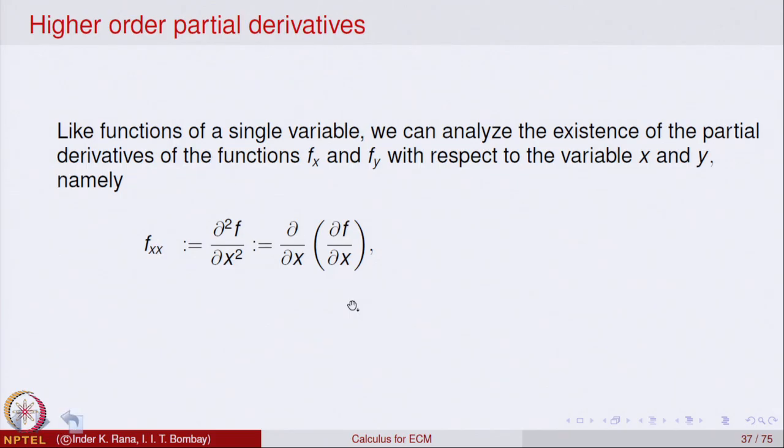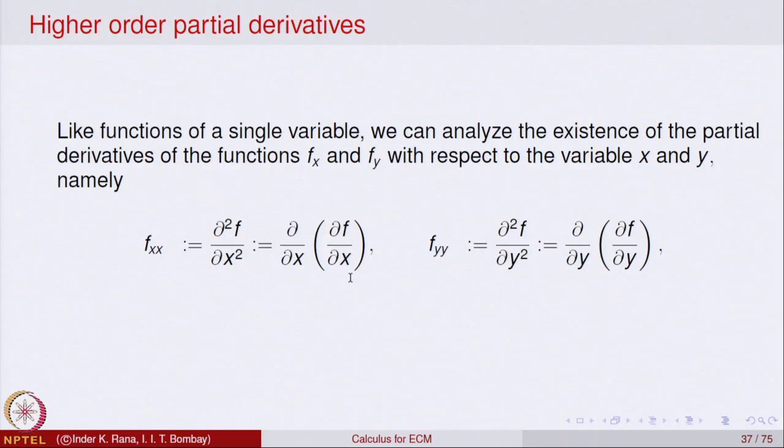The other possibility is to look at similarly with respect to y. The partial derivative of f with respect to y gives you one partial derivative function, and that may be differentiable with respect to y again. So, we can find the partial derivative of this function. This is a function of two variables, keep in mind.